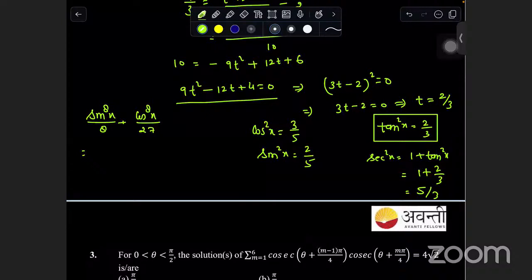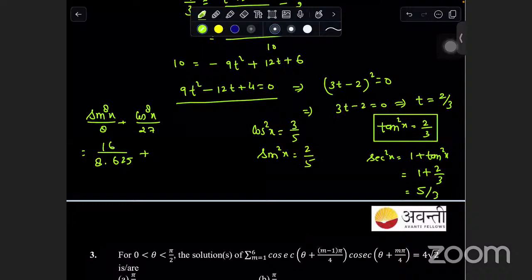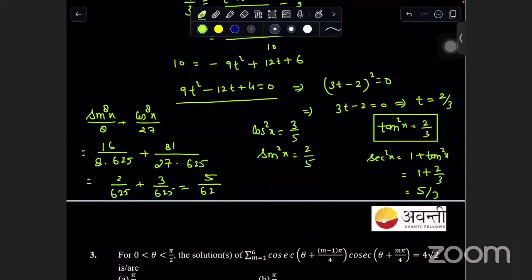So sine to the power 8x will be 16 upon 8 into 5 to the power 4, that is 625, plus cos to the power 8x, 81 upon 27 into 625. So it will be 2 by 625 plus 3 by 625. That is 5 upon 625. That is 1 upon 125.